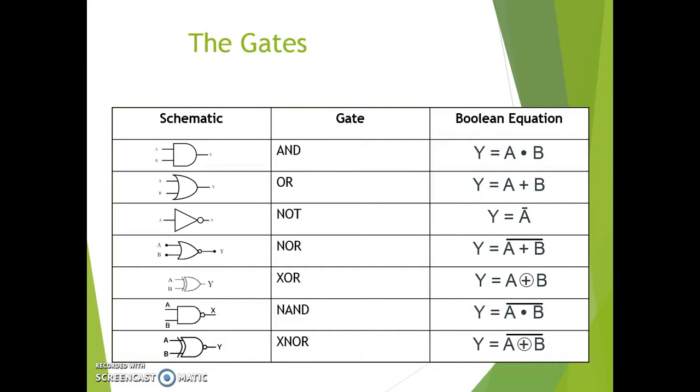We have schematics of them shown here. The gates themselves are AND, OR, NOT, NOR, XOR, NAND, or XNOR gates. And we have a Boolean equation that describes these. You need to be able to recognize the Boolean equations as well as the operators themselves.